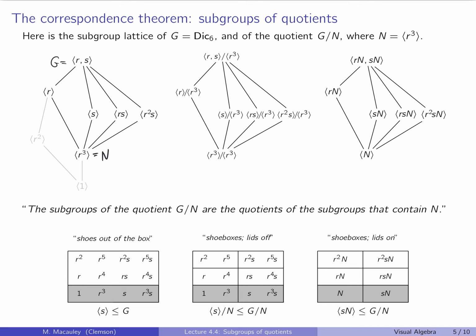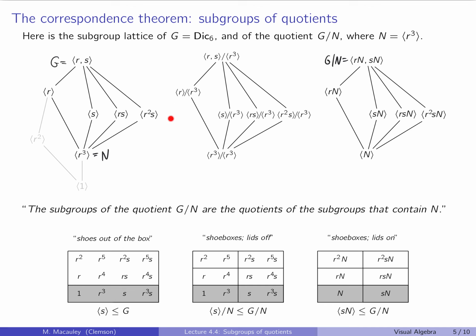The correspondence theorem says that there is a one-to-one correspondence between subgroups of G that contain N, that is these 6 that I've highlighted, and subgroups of the quotient. And the quotient is generated by the cosets Rn and Sn. So this right here is the quotient. And you can see that this one corresponds to that, these 3 correspond to that, and so forth.